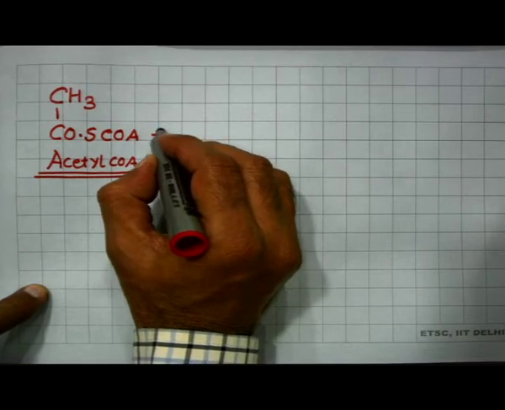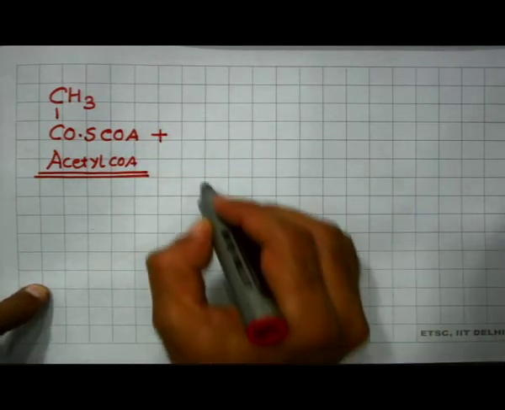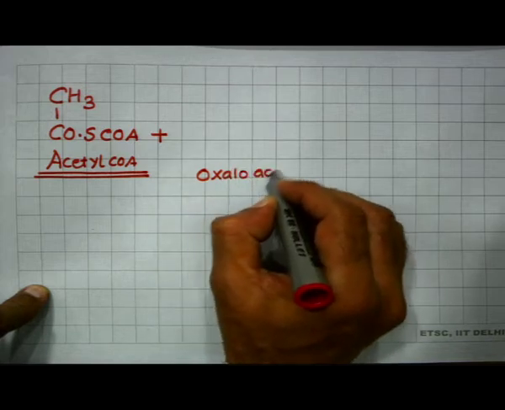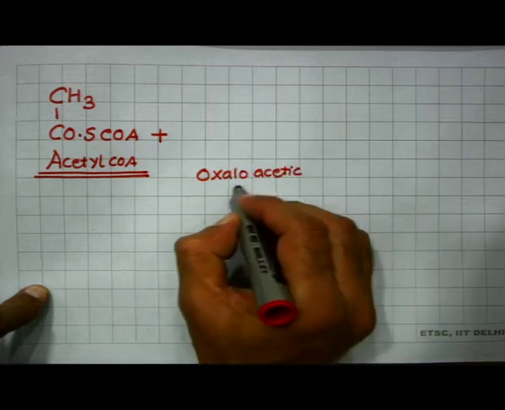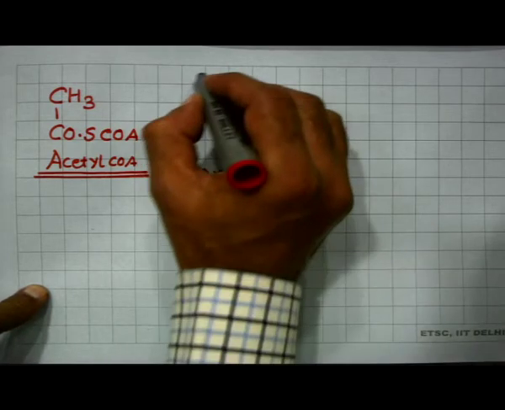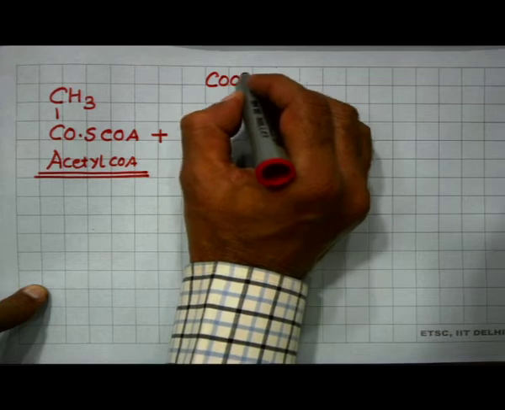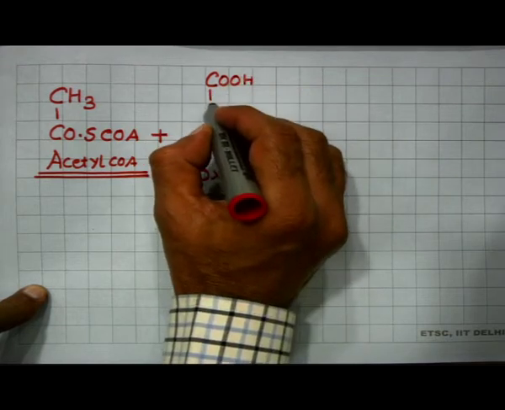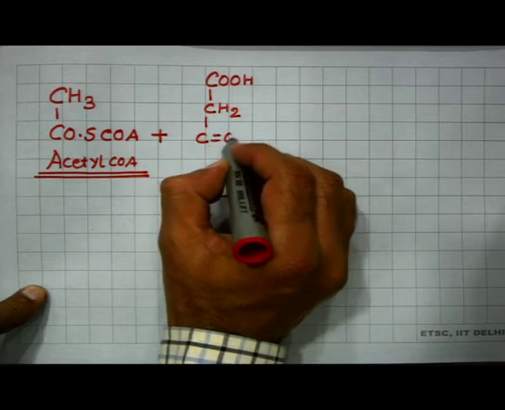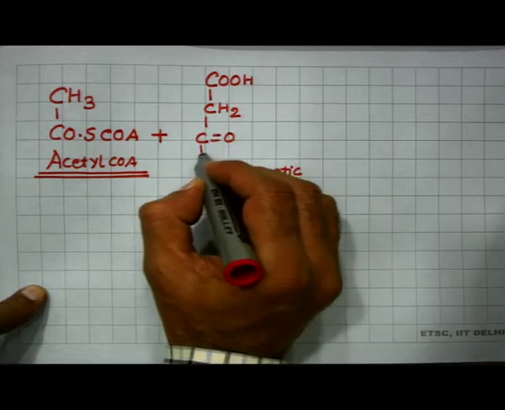It combines with oxaloacetic acid. The structure of this oxaloacetic acid is of this type: COOH, CH2, C double bond O, where the ketone group is there.